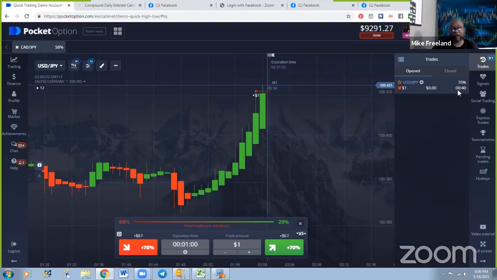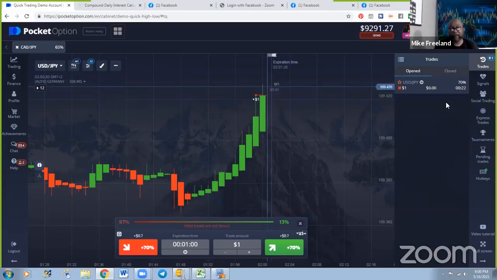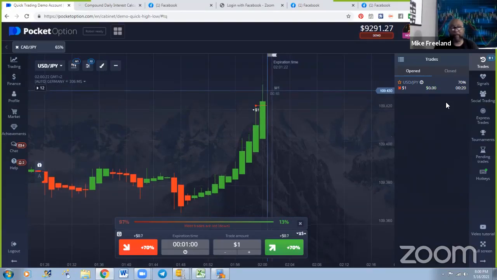Now we can get losses. Don't worry about that. We can get losses, but we have the opportunity to come back and get your money back off of it. We definitely have that. The chances are a lot more realistic than what they've been in the past.